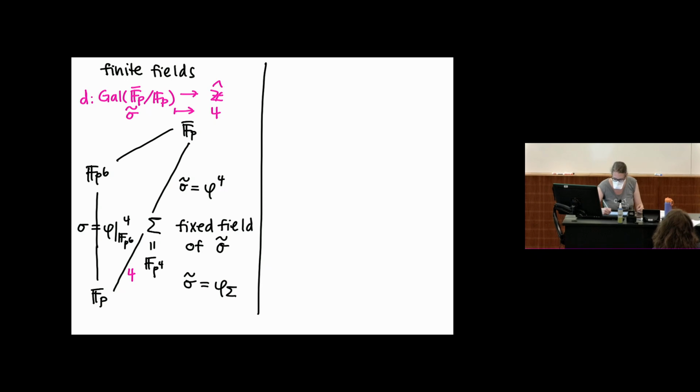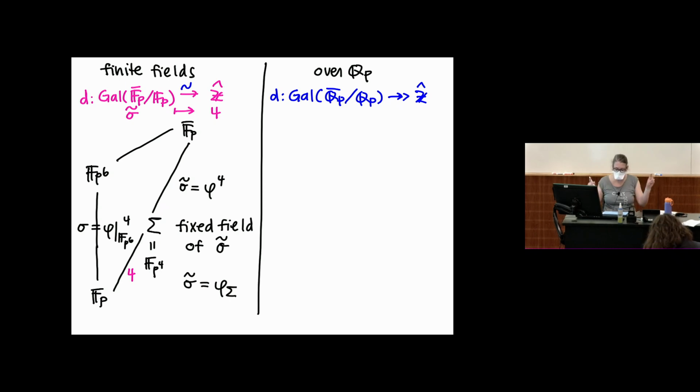Now things over Q_p are more complicated. We still have a judgment map. So this one was an isomorphism. This one is just a surjection. But it still kind of judges what power of Frobenius each element is.